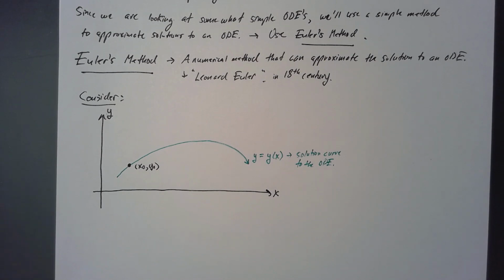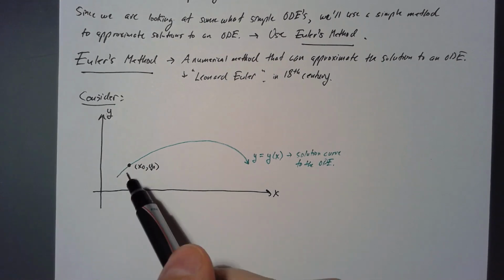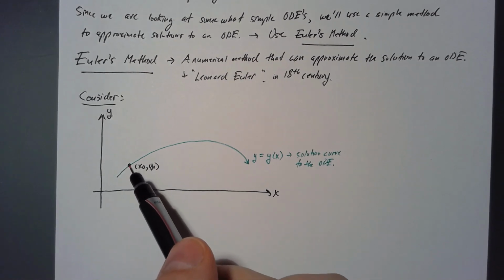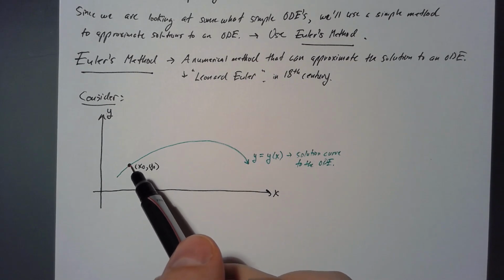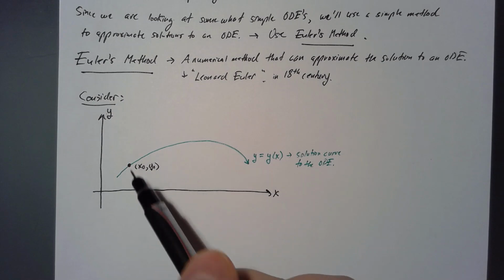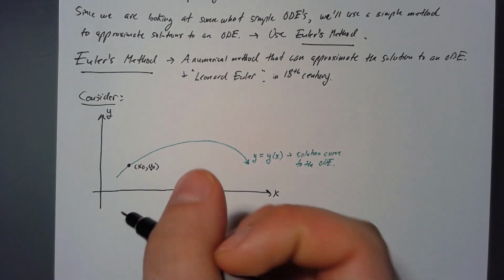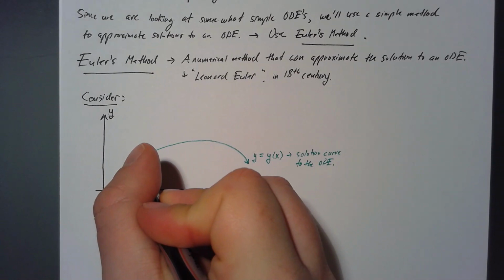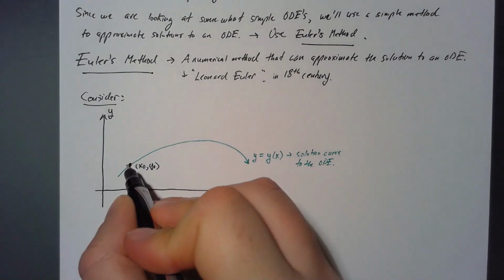Well, so what did you learn in Calc 1? Graphically, the derivative at this point is the what? It's the tangent line at this point, right? So if I took the derivative at this point, that's the tangent line to this point.